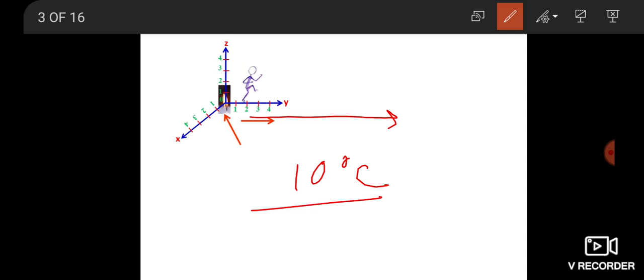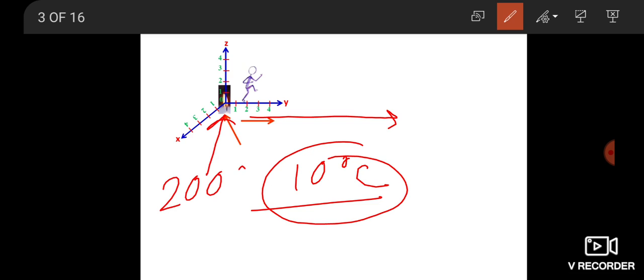That is, the rate of change of temperature with respect to distance is 10 degrees centigrade. For example, let us consider at the origin there is a temperature of 200 degrees centigrade, and at 1 meter distance from the origin the temperature becomes 190 degrees centigrade.